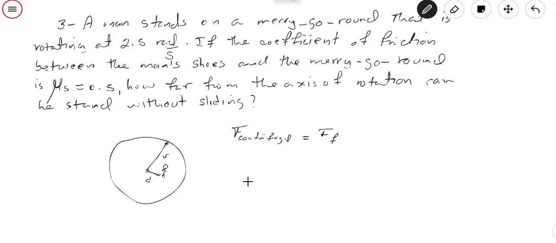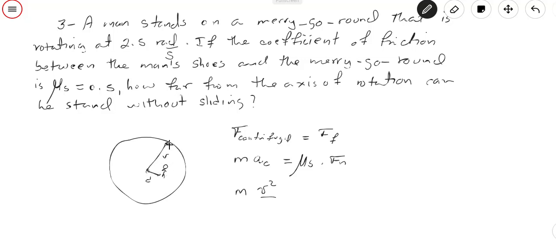Now we know that the centrifugal force, which is equal to the centripetal force, is equal to the mass times the centripetal acceleration, while the force of friction is equal to the coefficient of friction times the normal force, right? This centripetal acceleration is equal to the square of the linear velocity divided by the distance from the center of rotation.